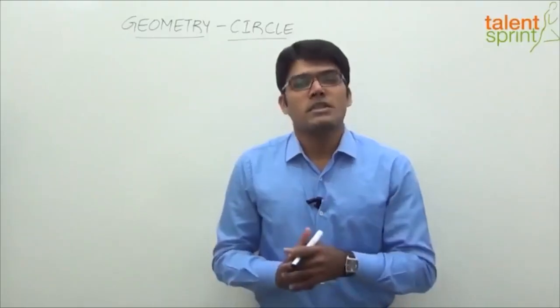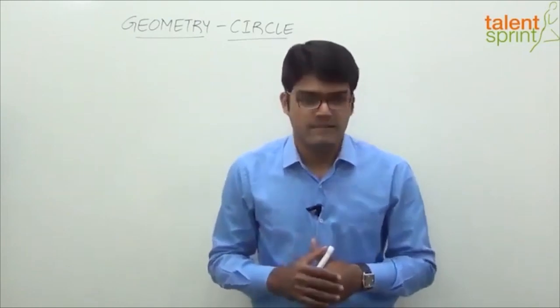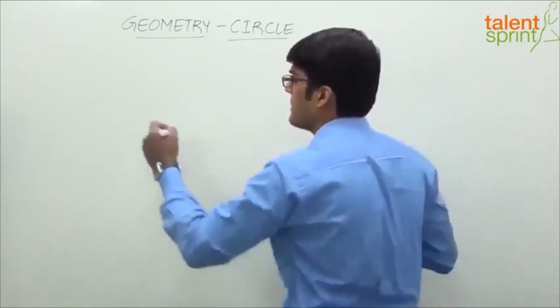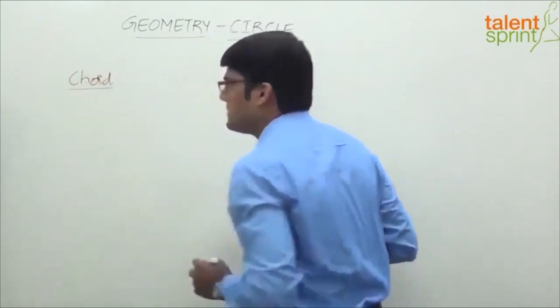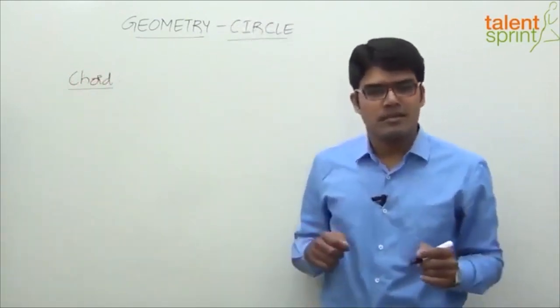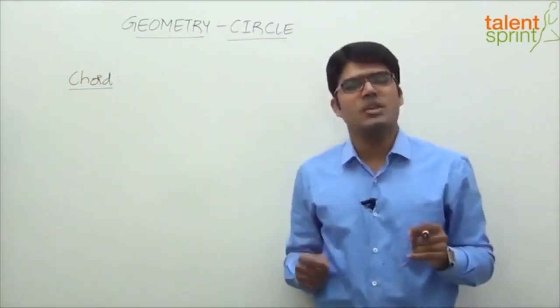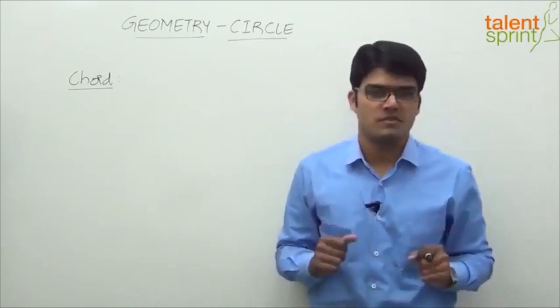So the next point that we are going to look at is about the chord of a circle. So let's understand what is meant by a chord. I'm sure all of you have heard about this term chord. A chord is a straight line joining any 2 points on the circumference of a circle.